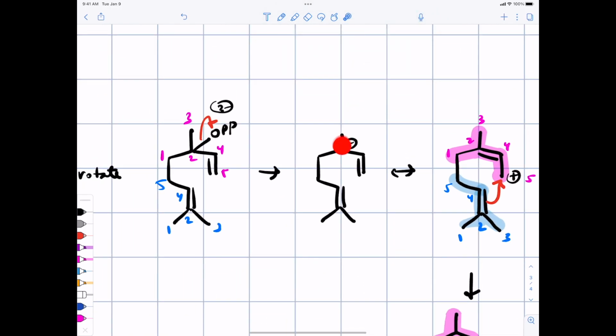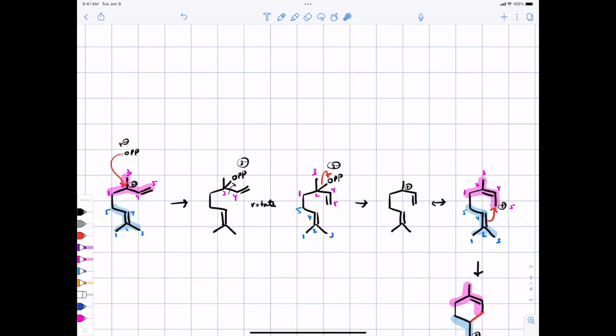First, remember that these are not two separate carbocations. That positive charge is delocalized on both carbons. So it's not like one's more stable than the other. They're both the same structure. It's just you've got positive charge in both places. And yeah, if you attacked there, that would be a 4-membered ring. So it makes sense for the 6-membered ring to happen preferentially.